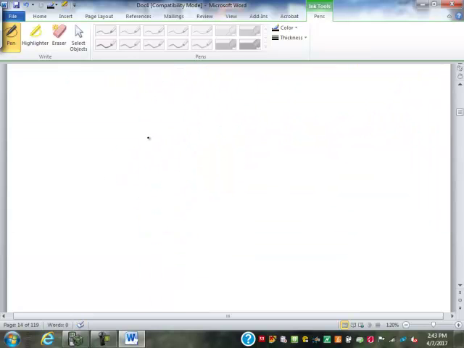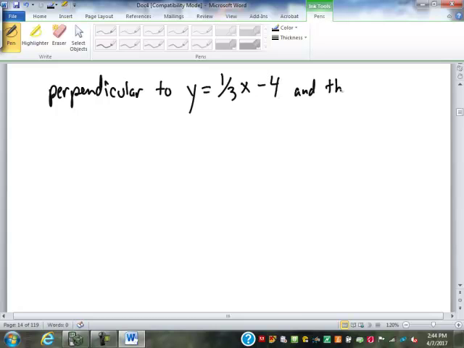If we ask, again, find the equation of the line that is perpendicular to y equals 1/3 x minus 4 and goes through 2, 1.